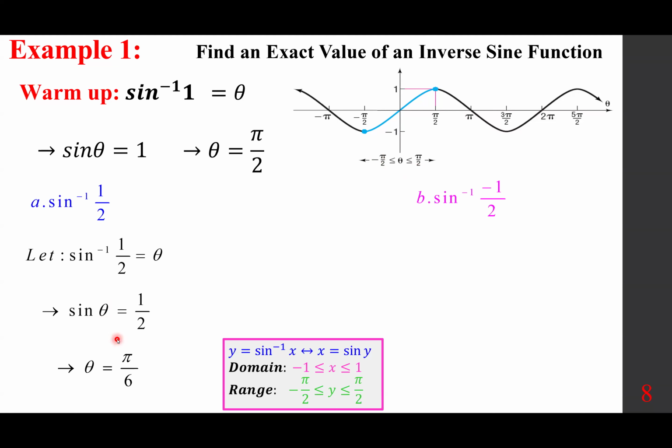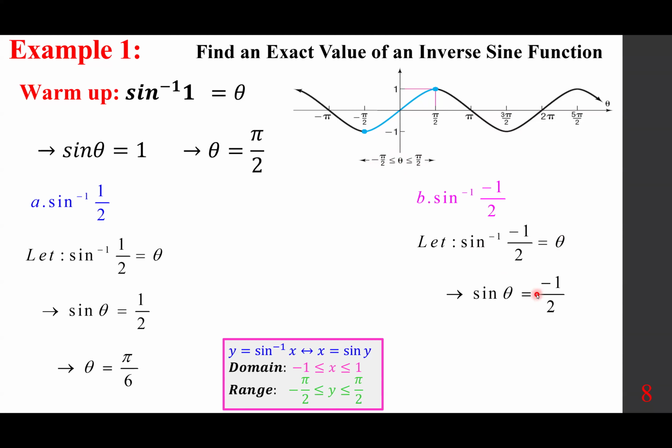What about negative 1/2? Well, sine inverse of negative 1/2 equals theta, alpha, beta, gamma, your choice. Therefore, sine of theta must be negative 1/2. And again, we should know the restriction that we put here: theta is between negative pi over 2 and pi over 2.